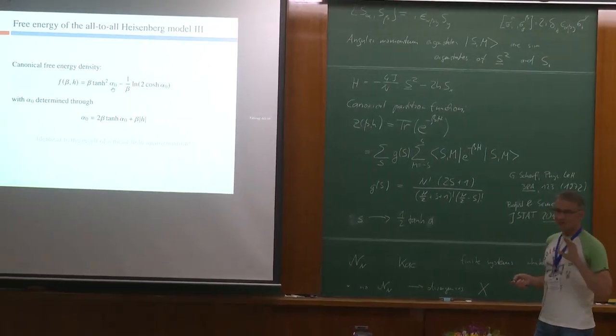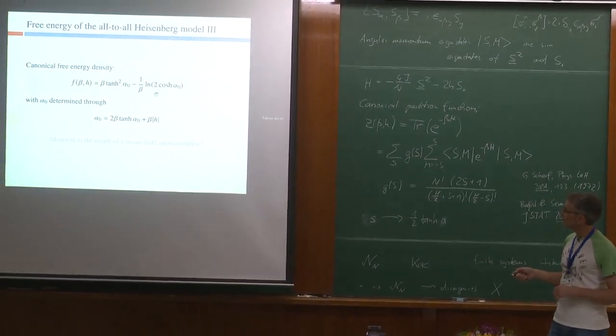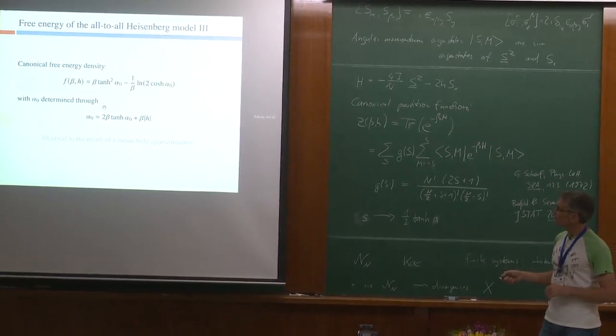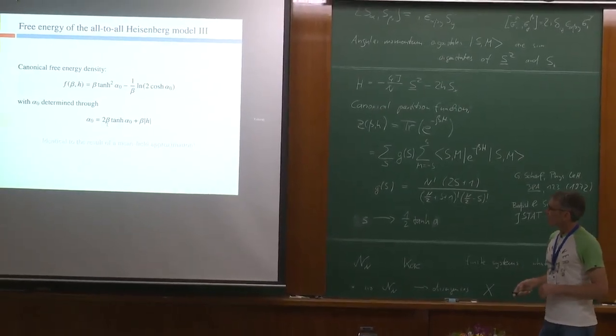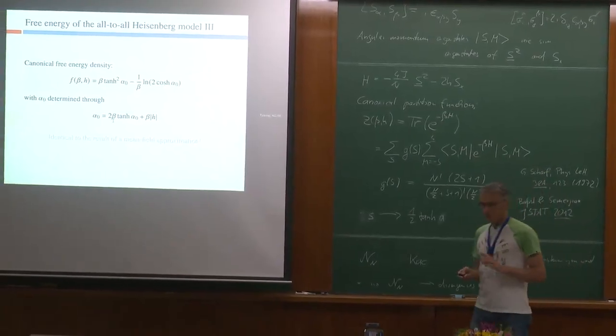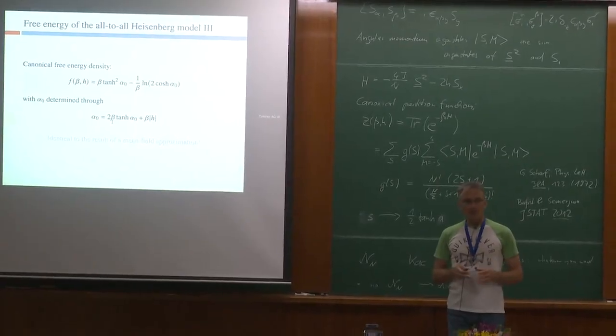I'll not discuss the physics of this formula now. So this is the formula, and the alpha 0 is the solution of this quantity down here. The aim of this part of the lecture was twofold.